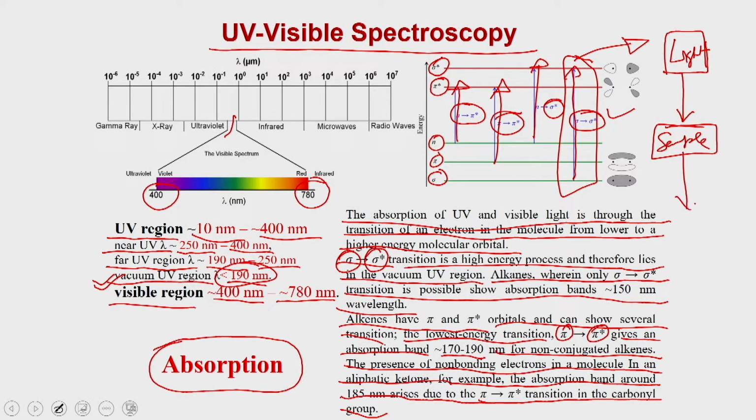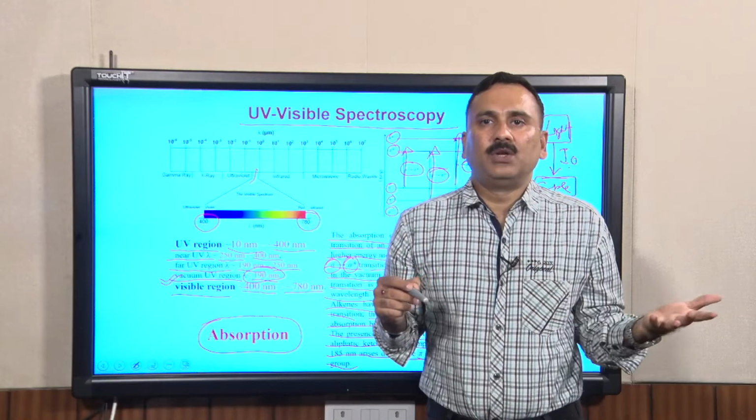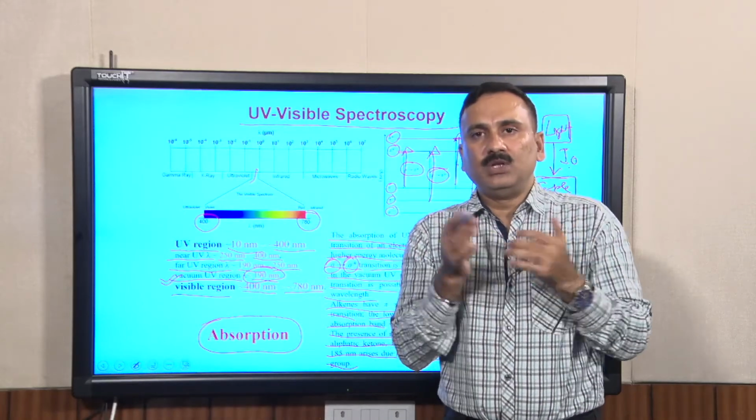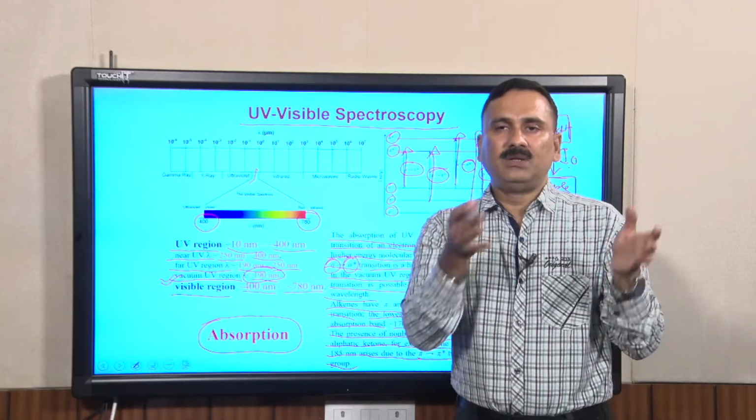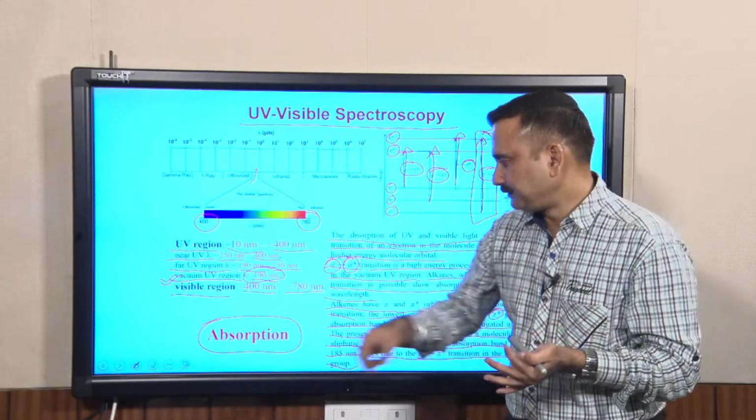Then I need something that tells me how much is the absorption. Suppose I provide I 0 as the initial light and I get I, it should tell me how much I is lower than I 0, and that is used to calculate the absorption of light by this molecule.